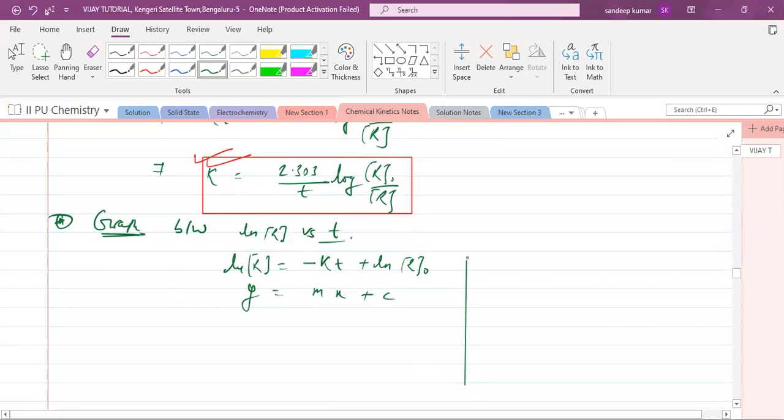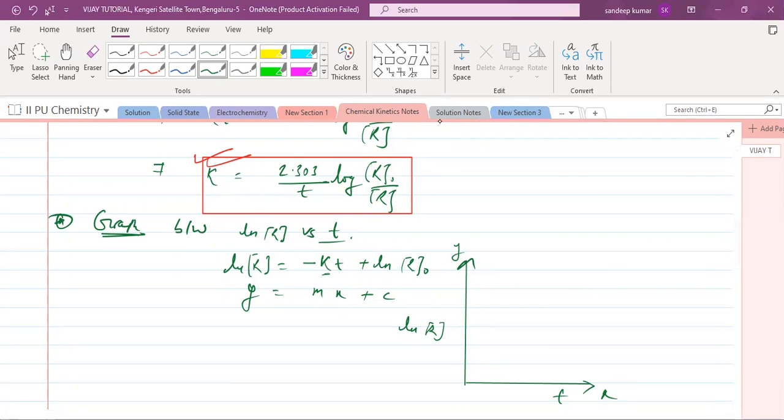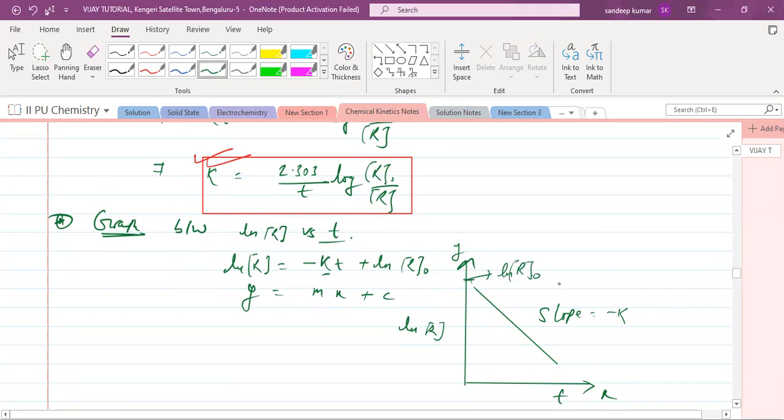This is the equation of a straight line. Time I'm considering along the x-axis. The y-axis is ln R. What is the slope? The slope is negative, minus k, so it will go like this. And c is the intercept, ln R0, so this point is ln of R0. This graph you should know, they may ask you this.